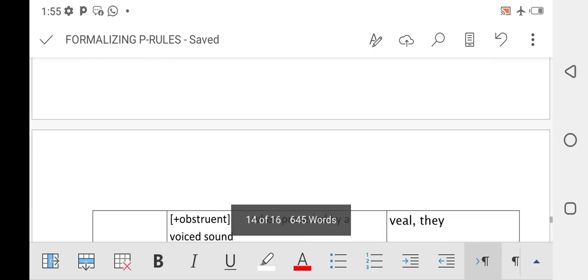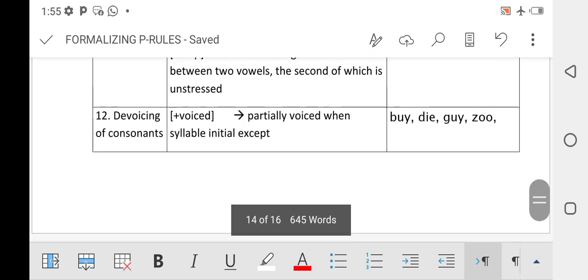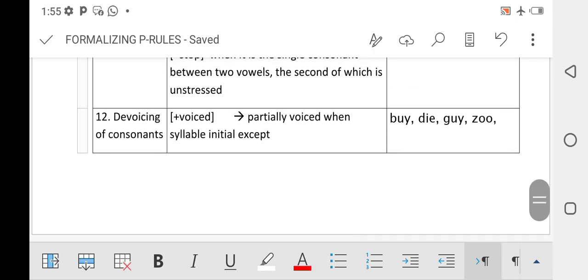So I have voiced obstruent. So they are either going to be fricatives, plosives, or affricates. All right, so we have the voicing of consonants here. We are looking at voiced obstruents.